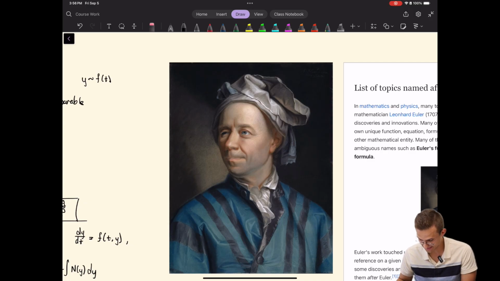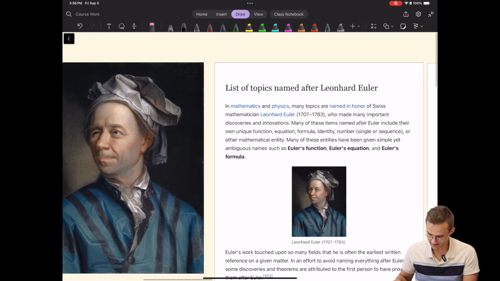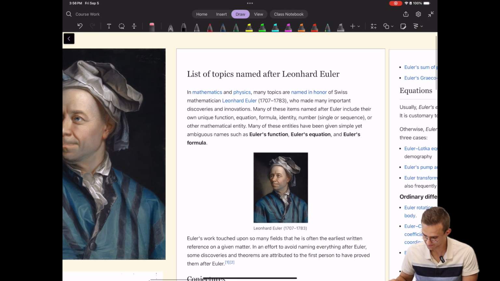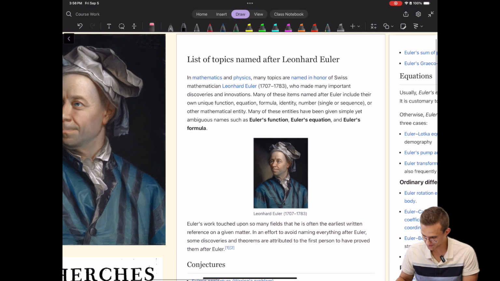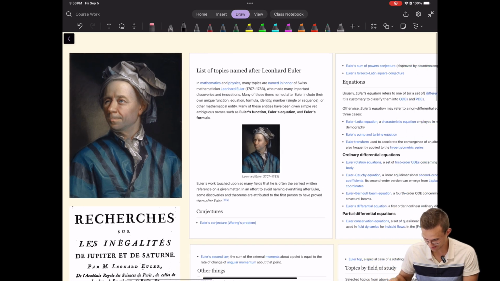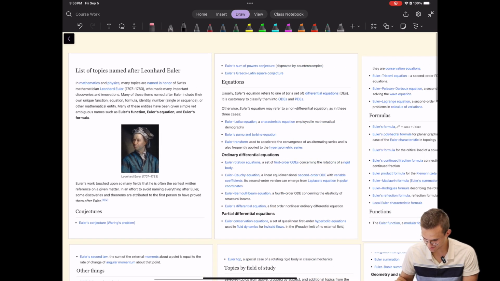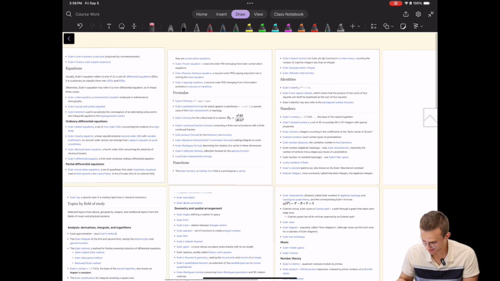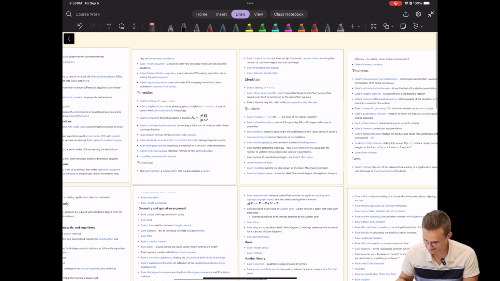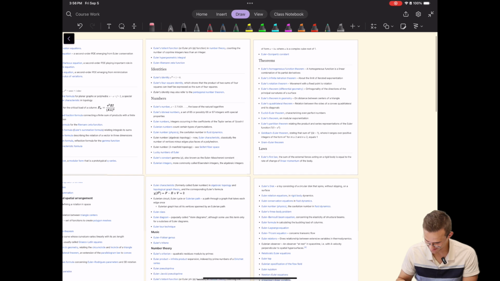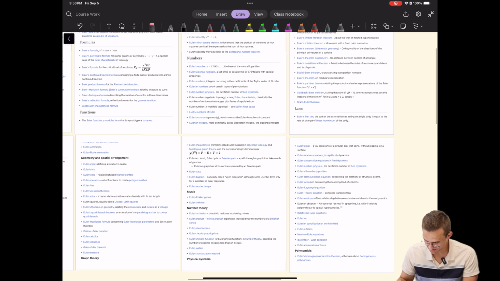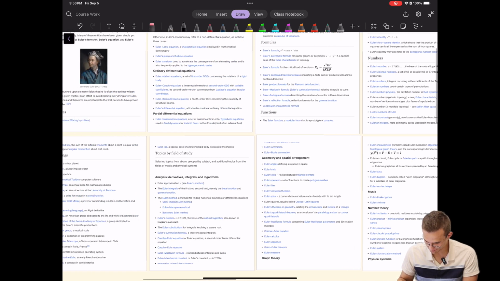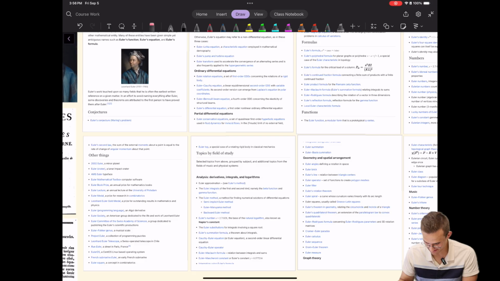But as a testament to that, there's actually a Wikipedia page for a list of topics named after Leonhard Euler. I'm going to zoom out here because I put all of them into this thing. You can see the list just continues on and on and on. Formulas, identities, numbers, theorems, music, number theory, polynomials. It really just doesn't end.